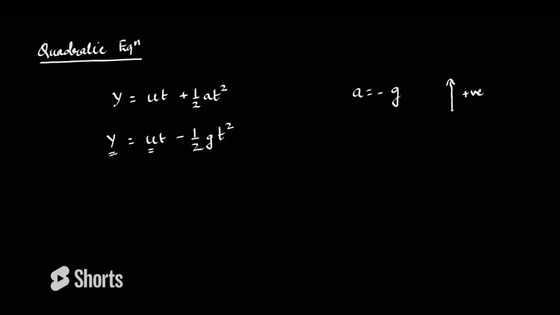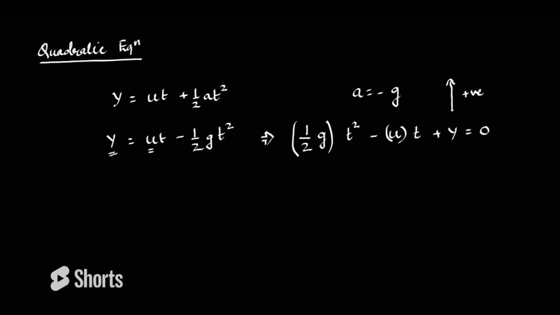Now if I rearrange this, it can be written as half g t square minus u t plus y is equal to 0.